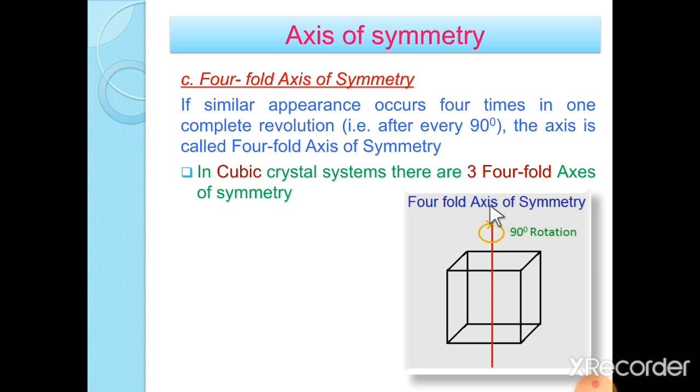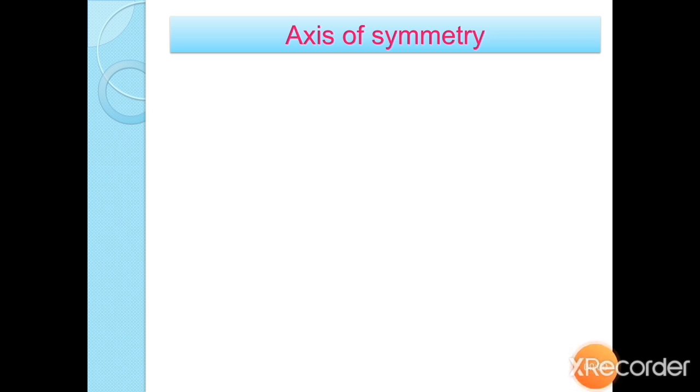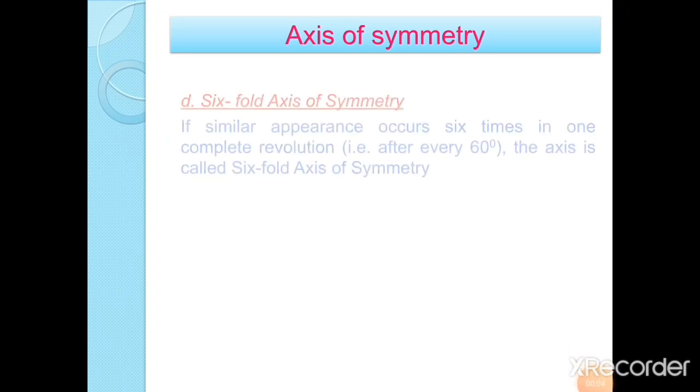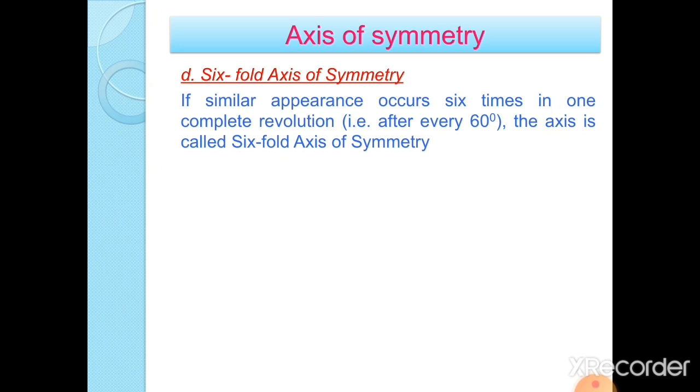You can observe in this figure, this axis represents four-fold axis of symmetry because when a crystal is rotated along this axis at 90 degree, we get similar appearance. Now let us know about six-fold axis of symmetry.